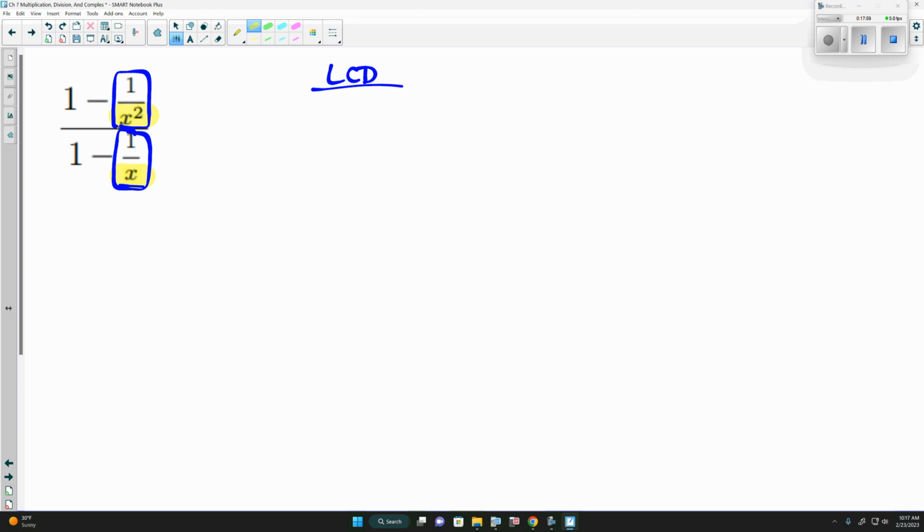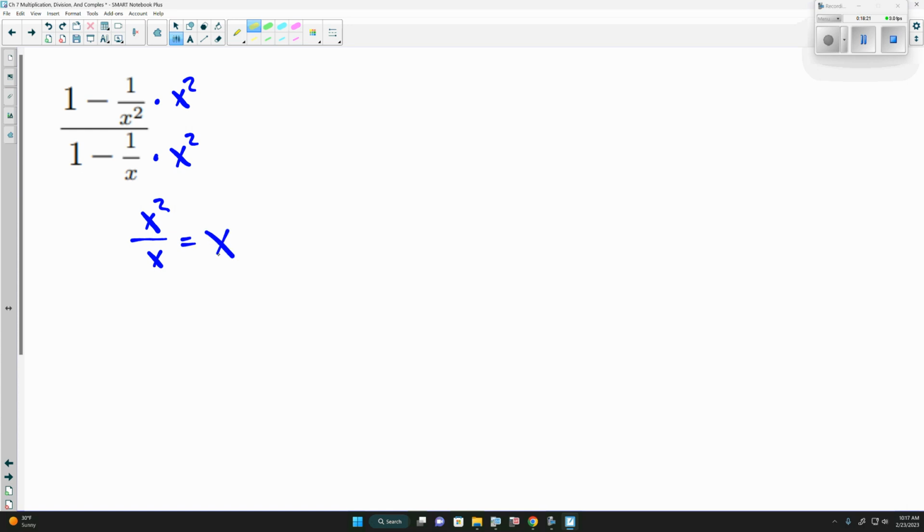Because if I multiply the top one by x squared, the x squared and x squared would cancel, yes? If I multiply the bottom one by x squared, would the x simplify out with it? Because the bottom would be what? X squared over x, yes? So we'll start it here in a second, which would just be 1x, yes?